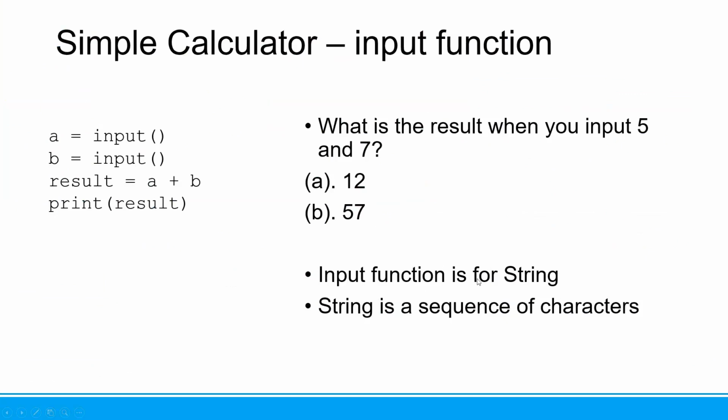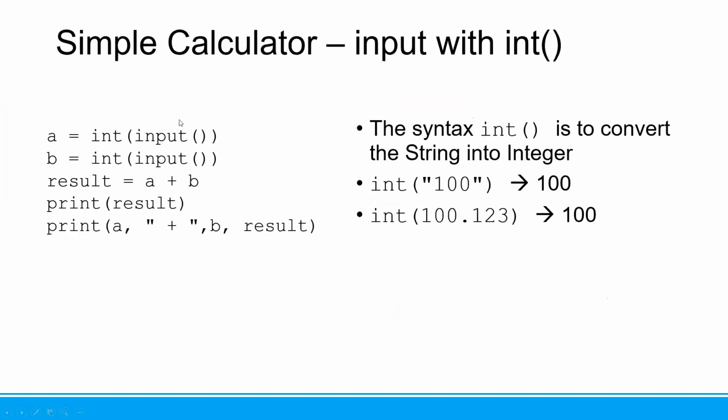The input function is for string. So string is a sequence of characters. When you use the addition, it means you want to make the sequence from A and then B and so on. In order to change the type, you can use the int.